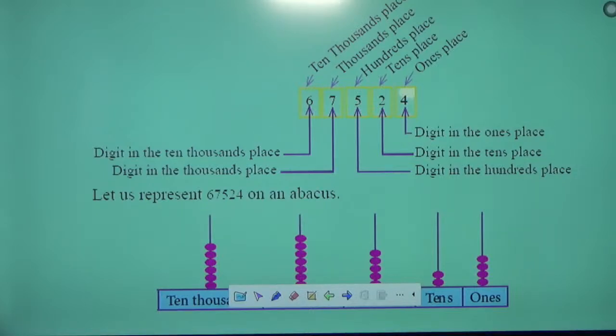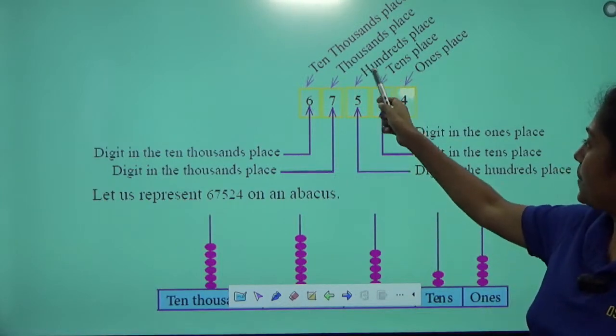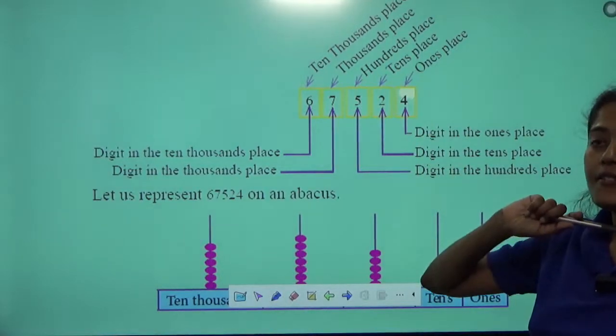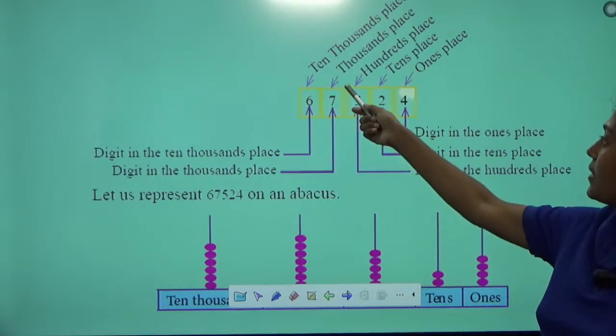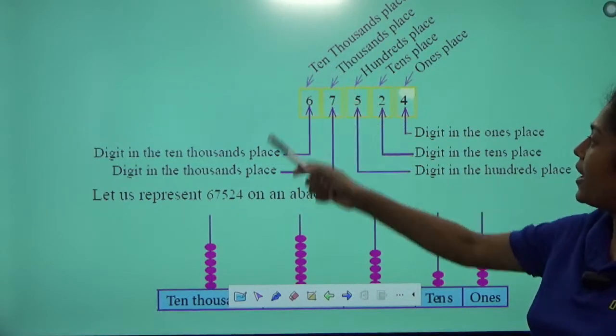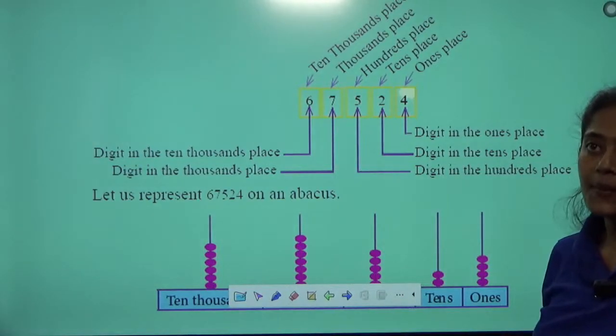After the tens place you can find the hundreds place, then the thousands place, then finally the 10,000s place.